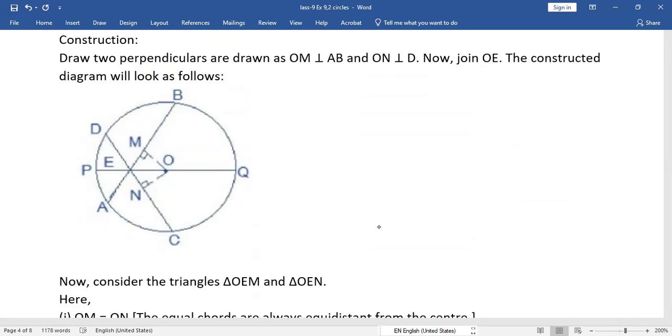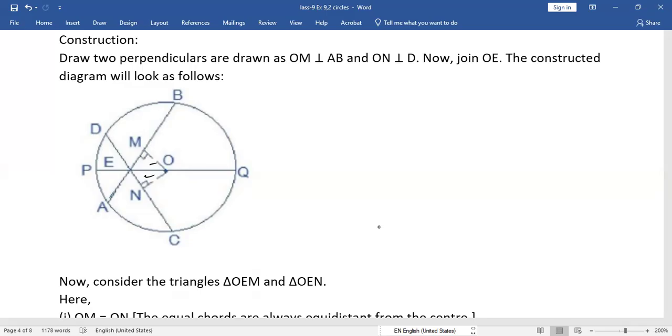Consider triangle OEM and triangle OEN, the second triangle. These two triangles are congruent, of course, because as before OM is equal to ON, and OE is equal to OE, common, RHS congruency.